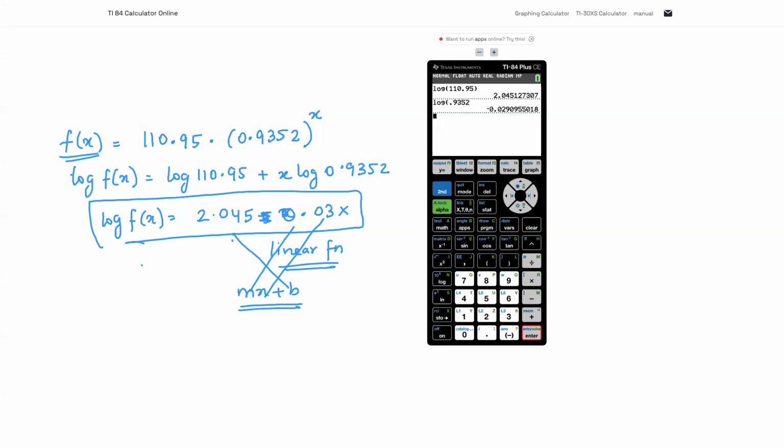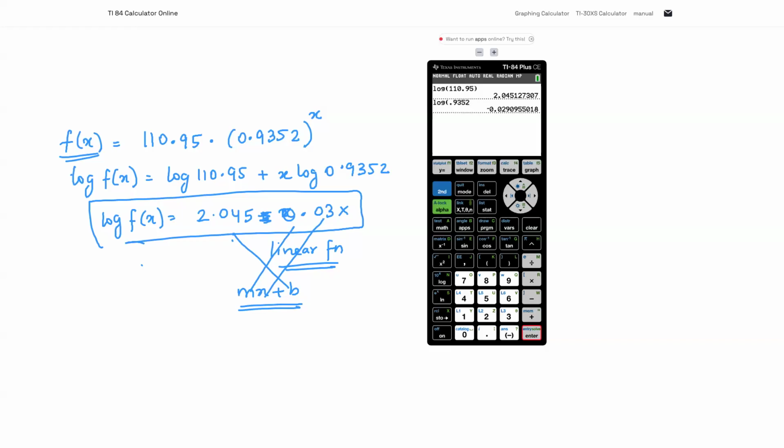Let's continue to have it on a linear scale. What did we do? We did an exponential regression, right?